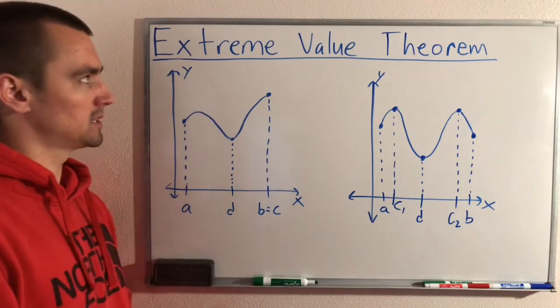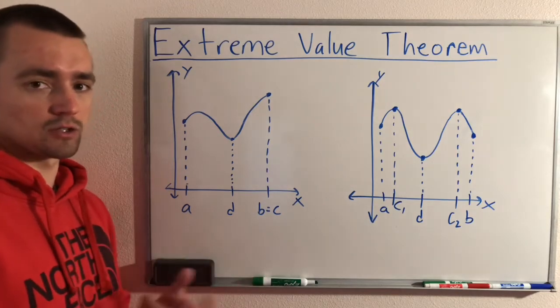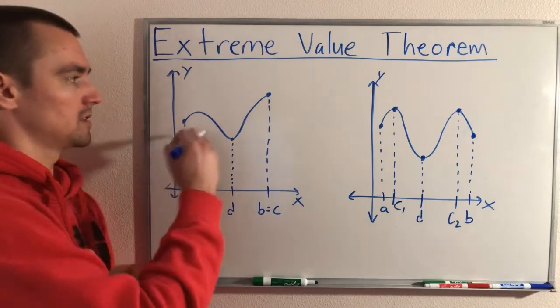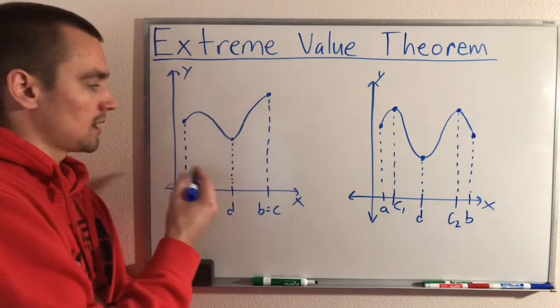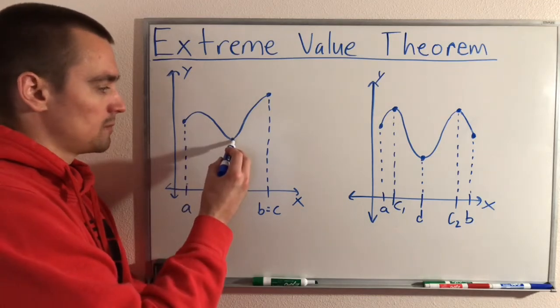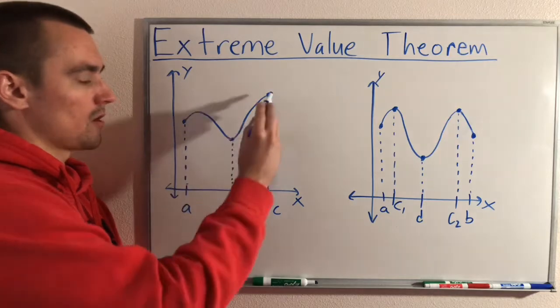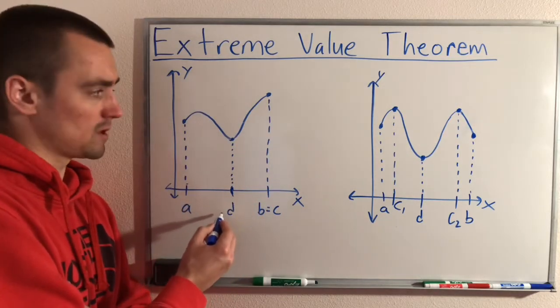So based on the extreme value theorem, we know that there has to be an absolute maximum and an absolute minimum within this domain. We can see that we have our absolute minimum right here, right? This point is lower than all the other points on this function. This would be our d, the point where the absolute minimum is.